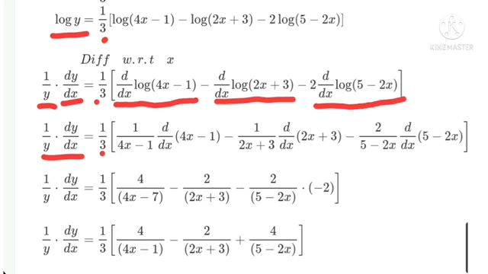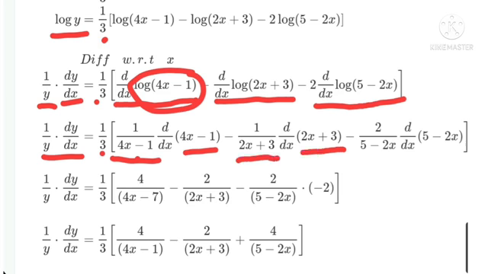So we get (1/y) into dy/dx as it is, 1/3 as it is. What is the derivative of log x? 1/x. Okay, 1/x into the derivative of again x; x means here 4x - 1. And the derivative of log (2x + 3) is 1/(2x + 3) into the derivative of (2x + 3), and here minus 2 as it is.